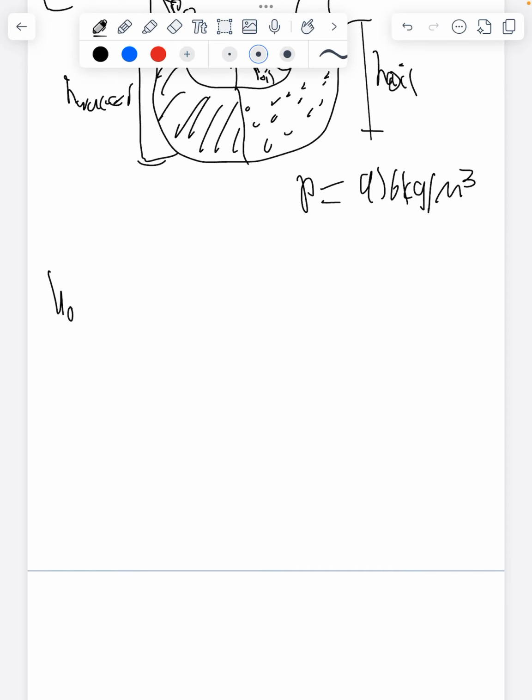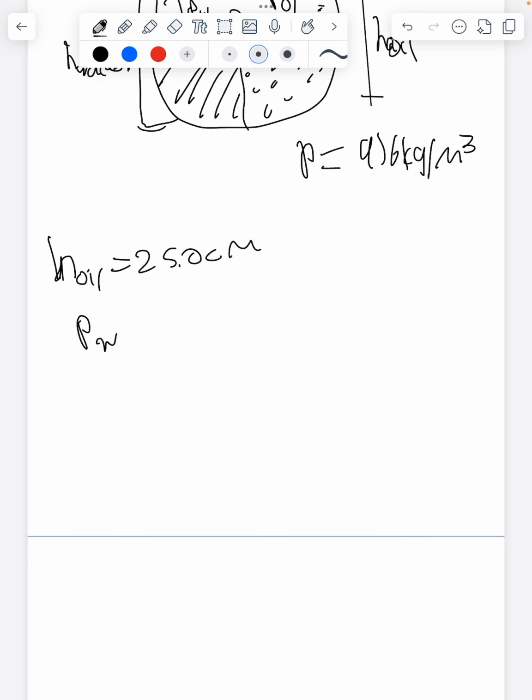We know the height of the oil equals 25 centimeters, right? And we know the density of water is 1,000. We know this because it was stated. So we're just going to use this equation, rho water g h water.